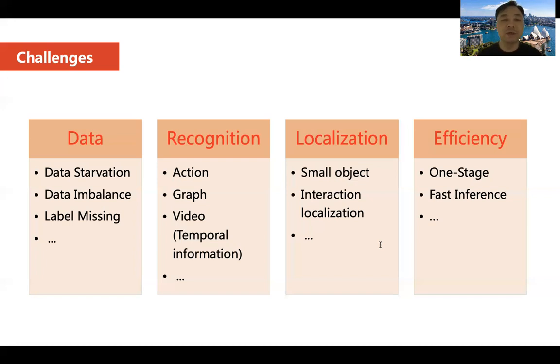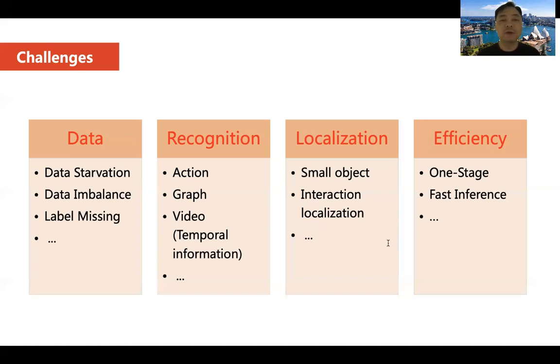Two-stage HOI detection approaches are usually less efficient and thus not much applicable in practice. One-stage HOI detection methods are usually efficient. However, how to maintain fast inference speed and meanwhile improve the performance is challenging.